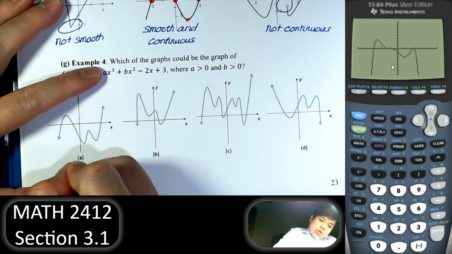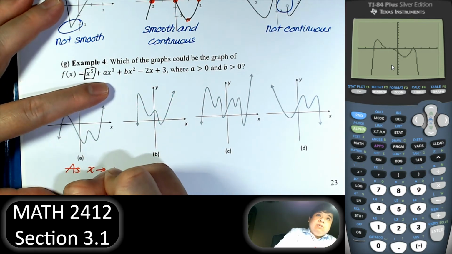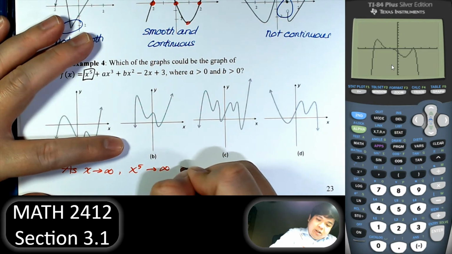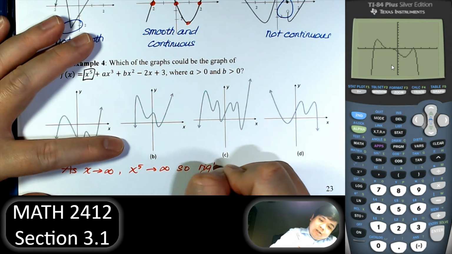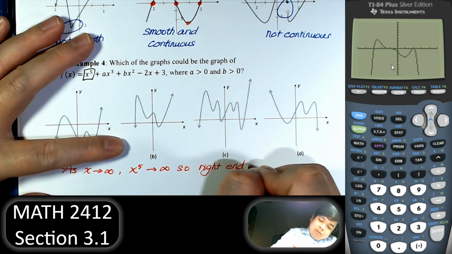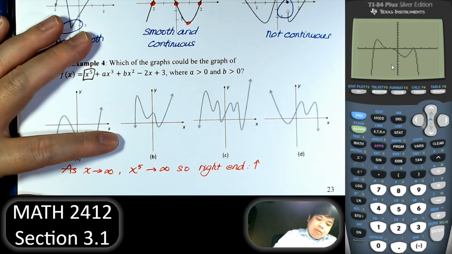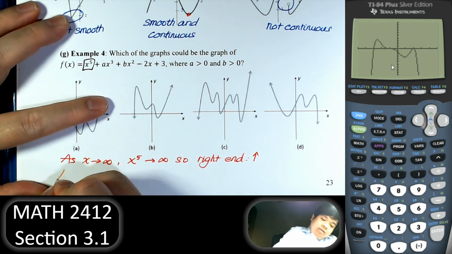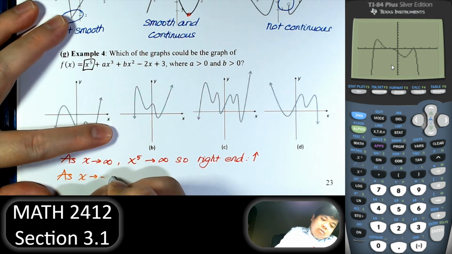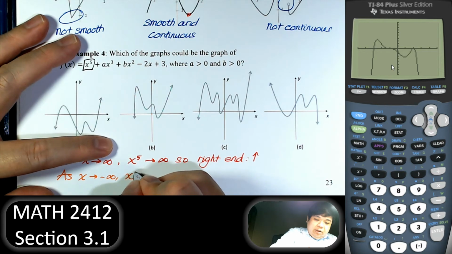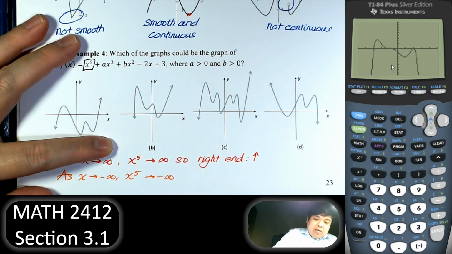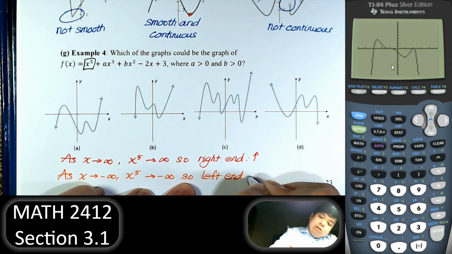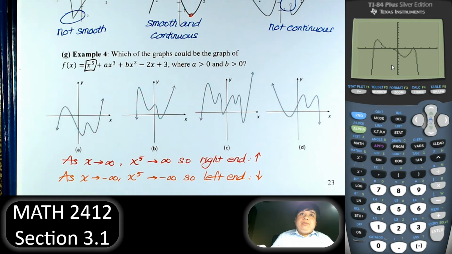So as x goes to infinity, x to the 5th goes to infinity as well. So the right end goes up. On the left end, as x goes to negative infinity, x to the 5th will go to negative infinity. So the left end goes down.